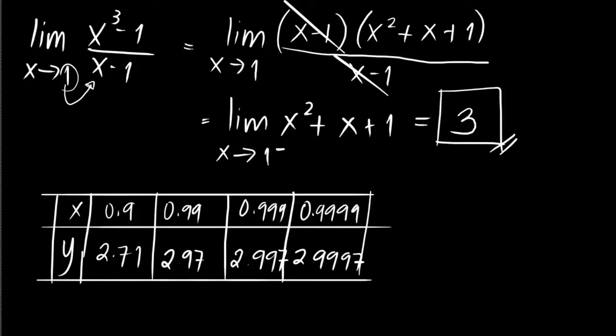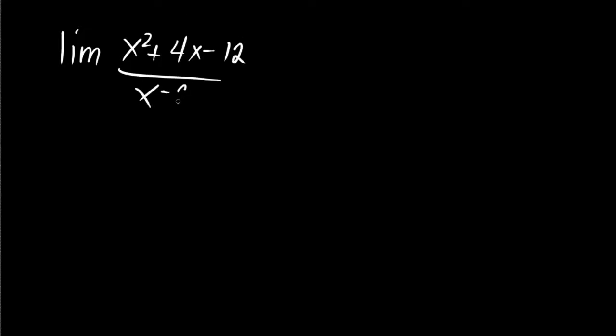Okay? And last one. So what if you are looking for the limit of x squared plus 4x minus 12 over x minus 2 as x approaches 2? So, testing. 2, substitute na sa x, so 2 minus 2, 0. So, not good. You are going to factor.